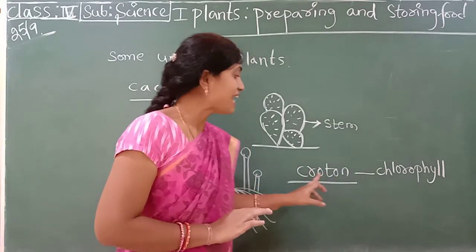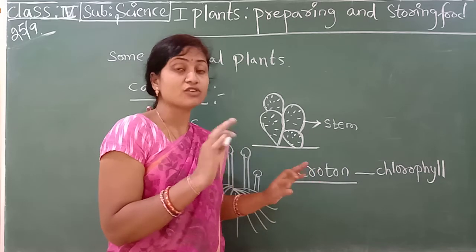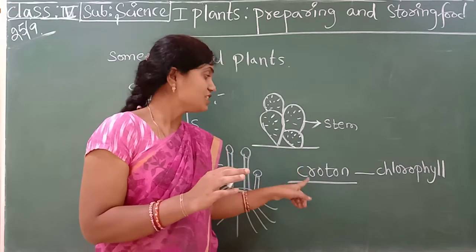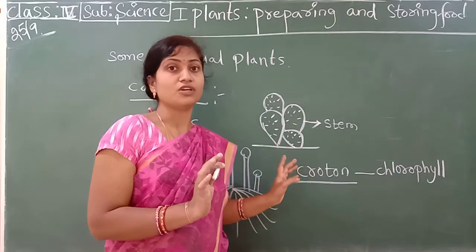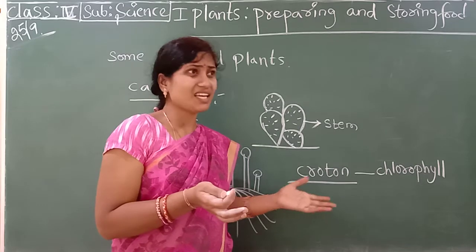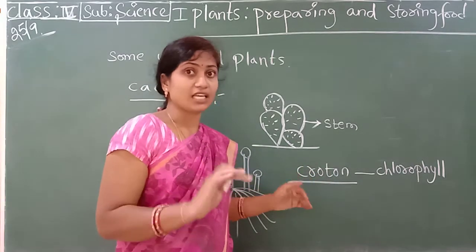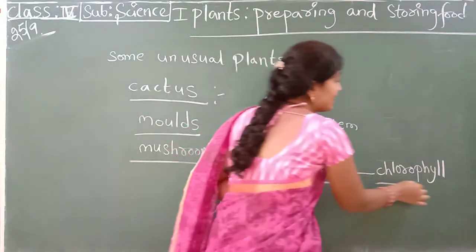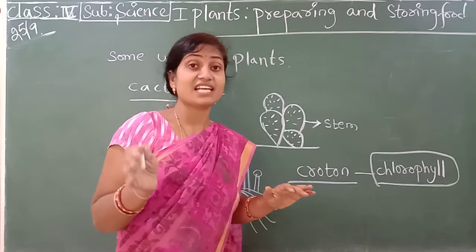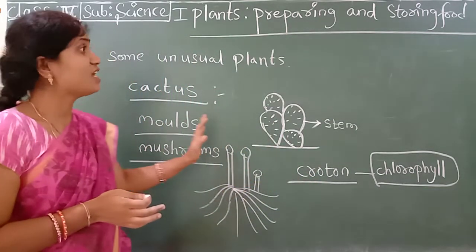The chlorophyll is hidden in these croton plants. It is hidden inside, but outside it looks red in color. So this croton prepares its own food. But we think the opposite: it is red in color, so how is it preparing food? But inside, the chlorophyll is hidden along with the red substance in that croton plant. So these all are unusual plants.